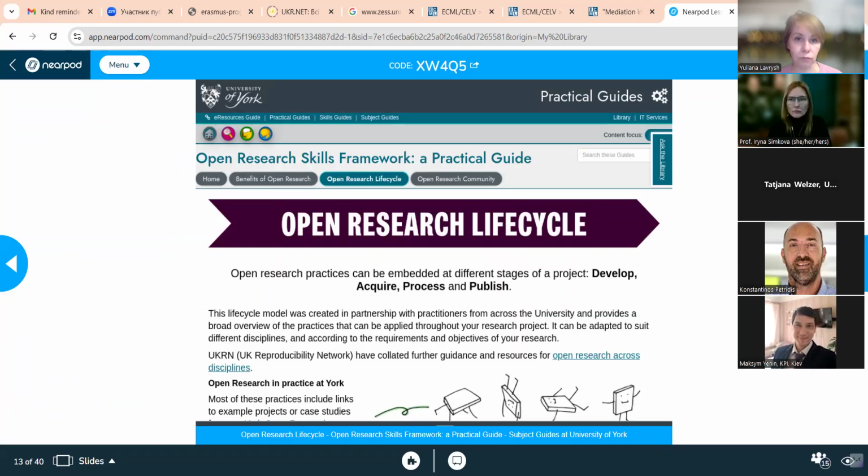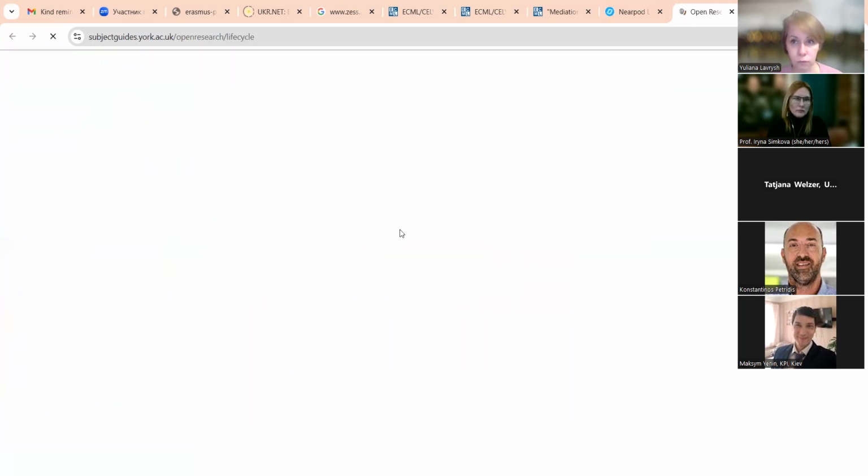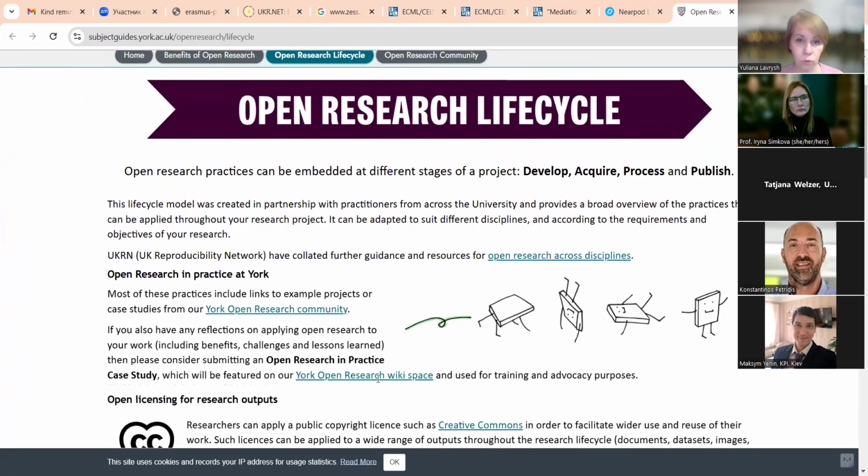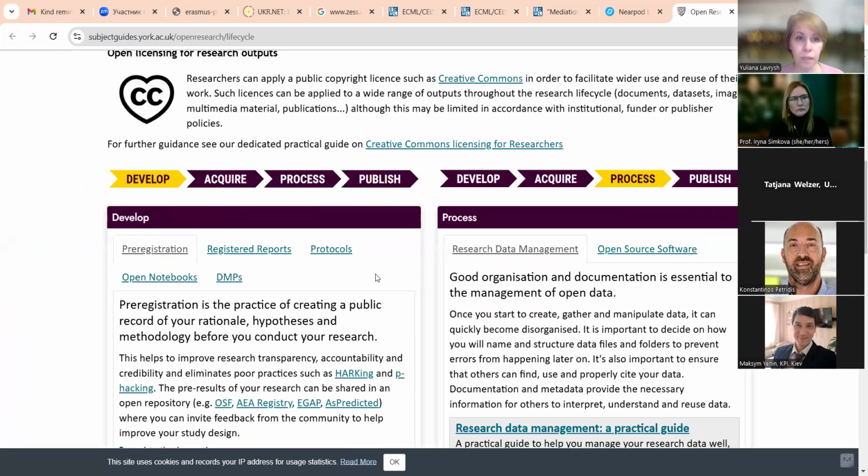And here is a resource which I found for you, provided by the University of York. If you follow this link, you can open this page on your device, or here I will open and show you. I want to demonstrate what exact open science practices accompany every step of the research life cycle.